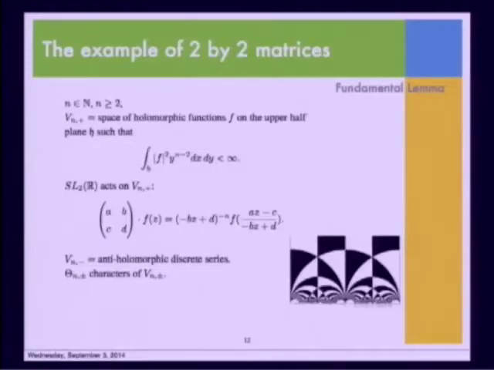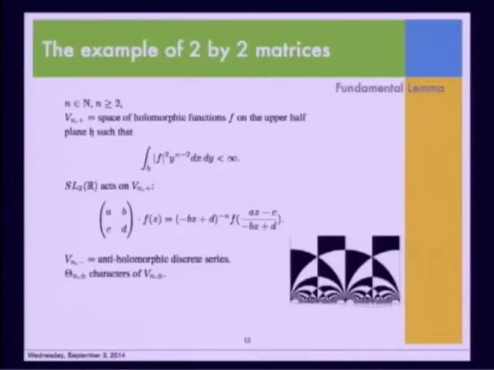You take all those that satisfy this integrability condition, and you get an irreducible representation, a holomorphic discrete series representation of this special linear group of 2 by 2 matrices. And then there's a similar representation that I won't write down, but you use anti-holomorphic rather than holomorphic. And we can take the character of those two representations.